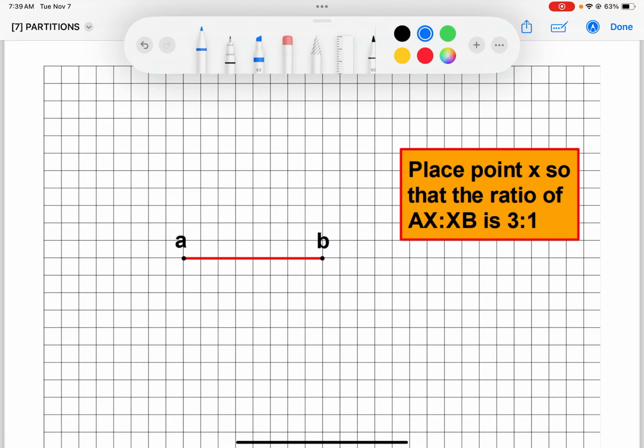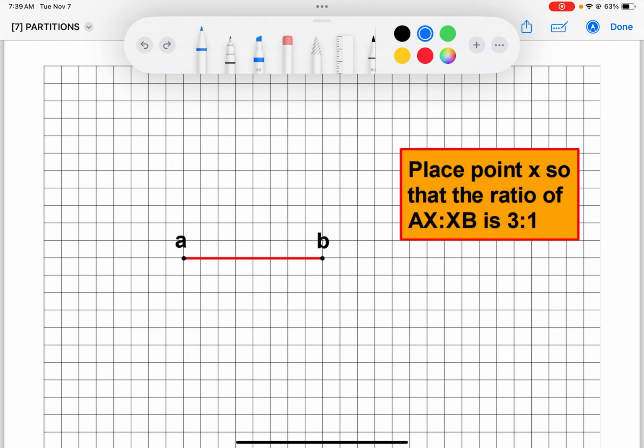So we have this point X, and we're going to take that point and put it somewhere on this line. Now, where exactly, we're not sure yet, but we're going to place it so that the ratio of AX to XB is 3-1.